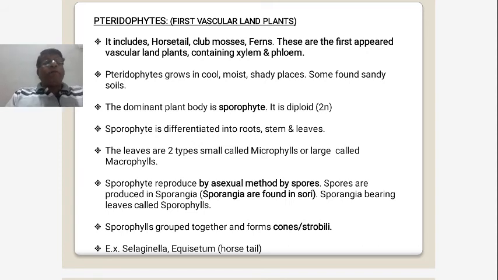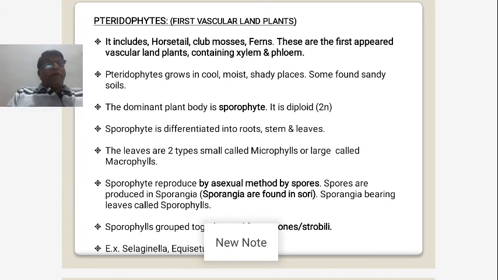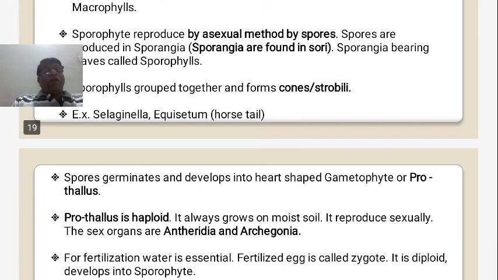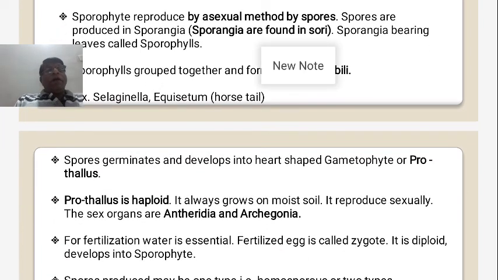Okay. Now, the spores liberated from the sporangium fall on suitable soil, meaning moist soil, and develop into a heart-shaped structure called gametophyte.